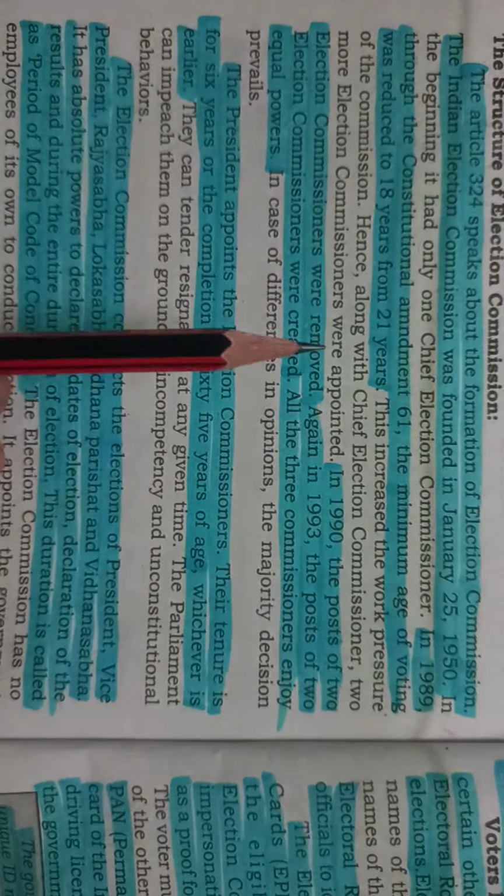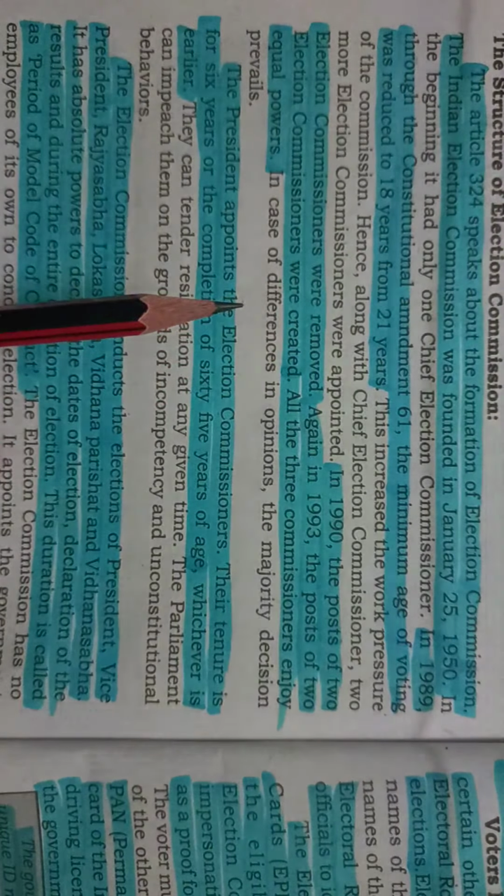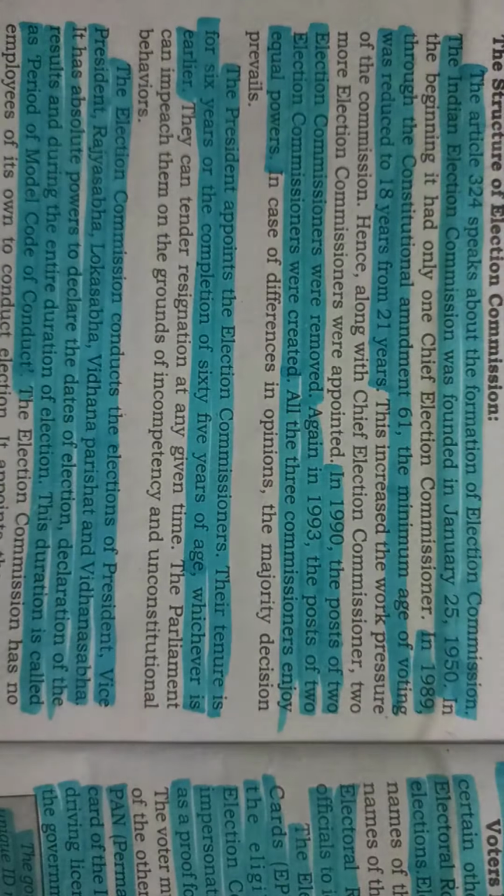So in the beginning there was only one Chief Election Commissioner, but in 1989, through an amendment, that is Constitutional Amendment 61, the minimum age of voting was decreased from 21 to 18.